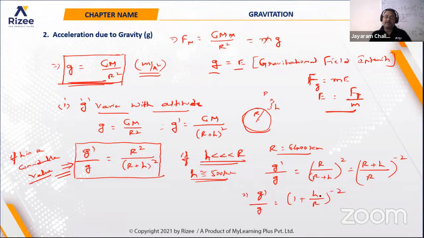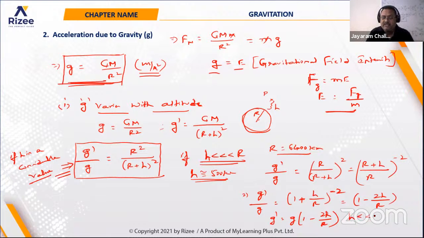Now we can apply the binomial theorem since H is very small. (1 plus x) whole to the power of minus n, and you can write this binomially with the first two terms as 1 minus 2h by r, or your g dash is equal to g into (1 minus 2h by r). Strictly I'm saying this relation has to be used only if h is very much less than r. Only in this situation please use it.